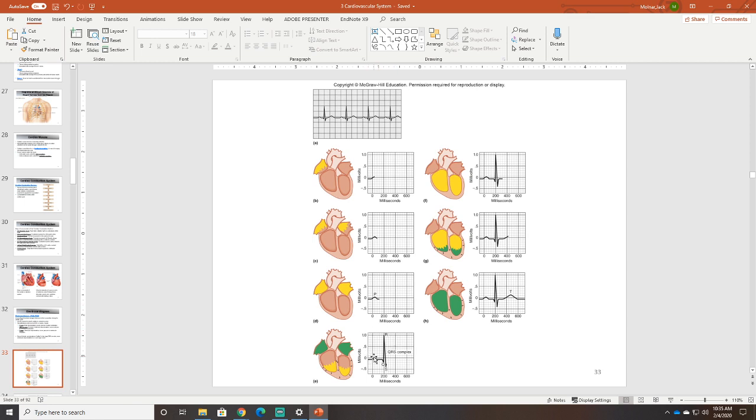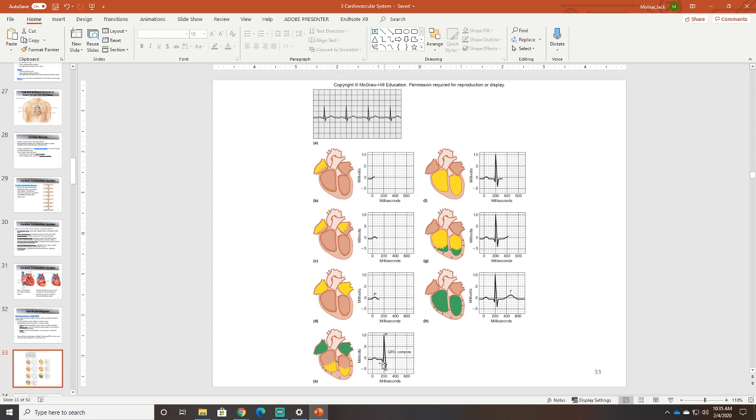Now, moving on, we have the QRS complex, and you can see there's QRS right here. And the QRS complex represents ventricular depolarization. All right, and so the signal has been propagated through the AV node, the bundle of His, the bundle branches, okay? And we're also going to see the atria repolarizing here.